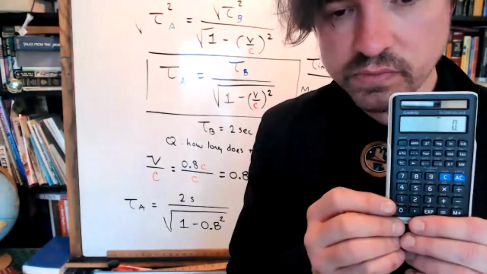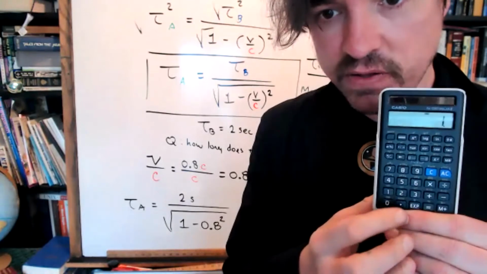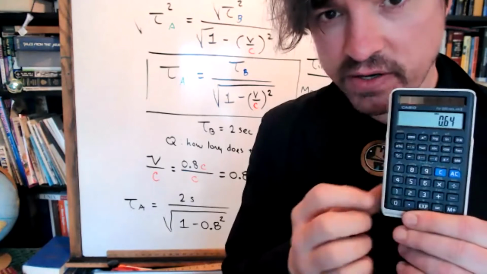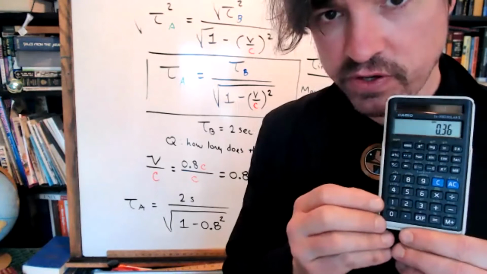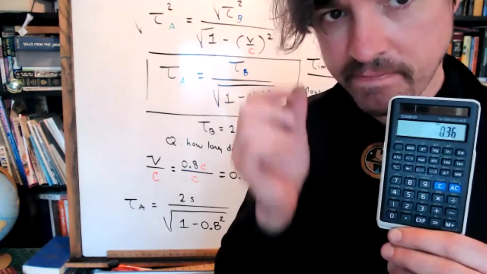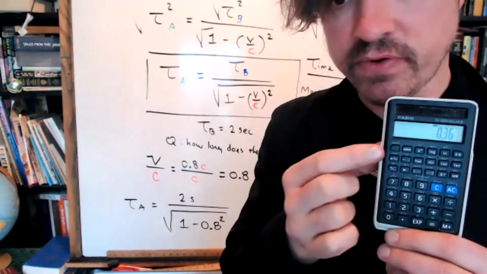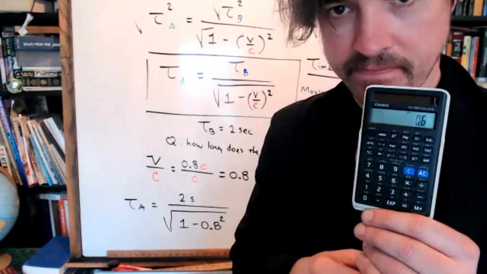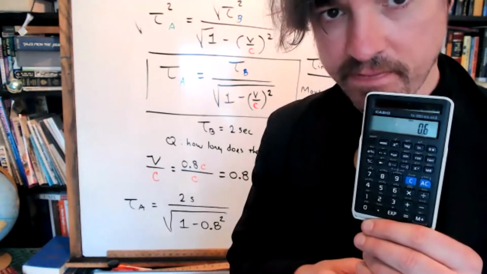Yeah, sure, absolutely. Okay. Let's do 1 minus 0.8 squared, and then I want you to hit equals. Do you all see this? Okay. Now let's square root it. Shift, square root. So far, so good?